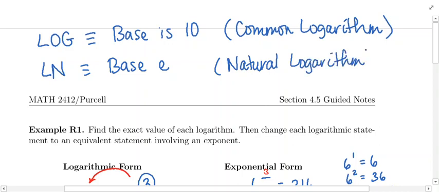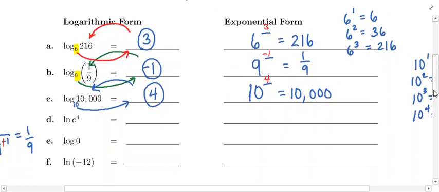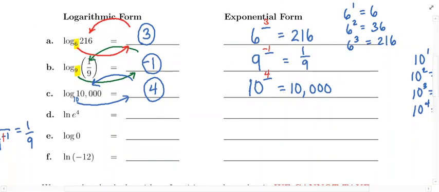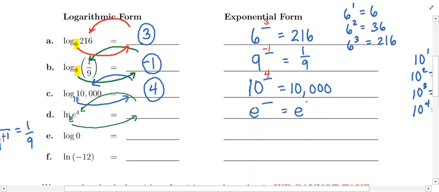Even though e is considered a weird base, it's going to work the same way. Go ahead and write in your base. If I take e, the little number, the base, what power do I have to raise it to get the quantity e to the fourth? e to what power gives me e to the fourth?